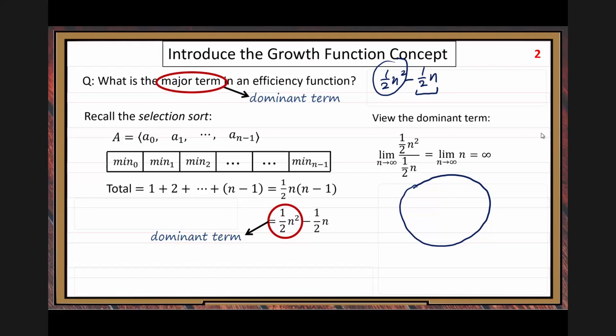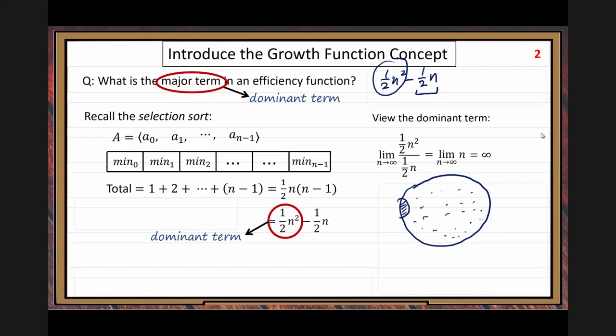Which part is used for the minor term? So we can draw this very small part for the minor term. Then all the remaining part, this very big part, is used for the major term, the dominant term.